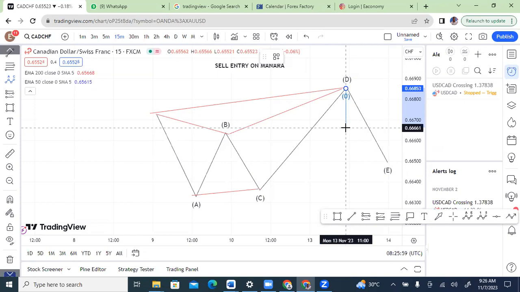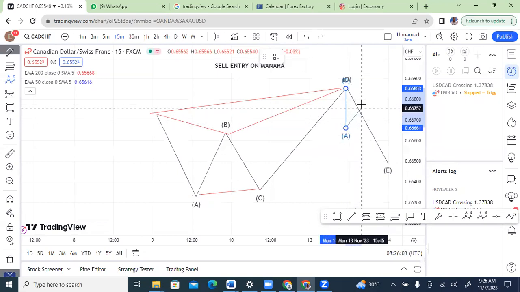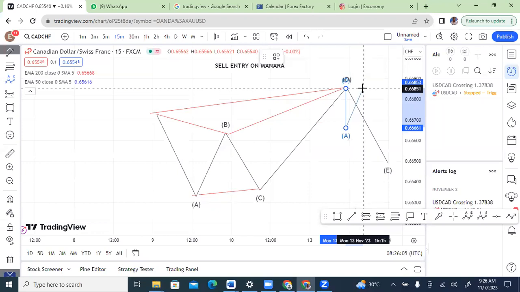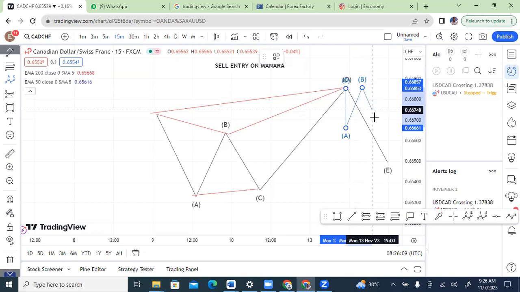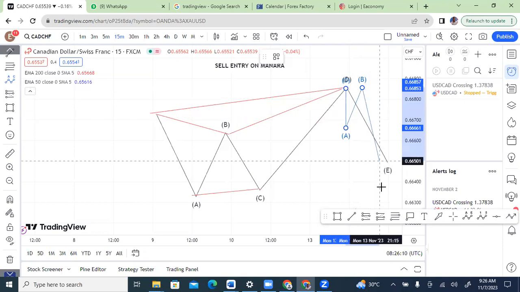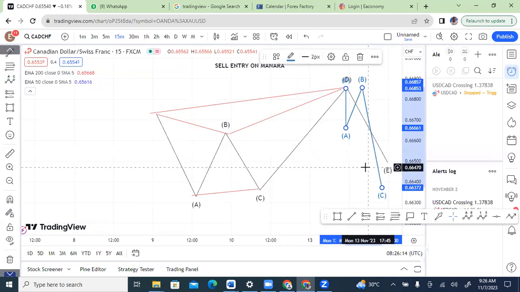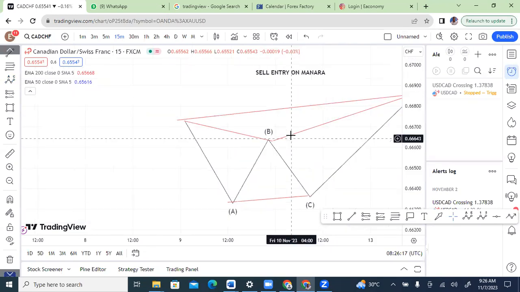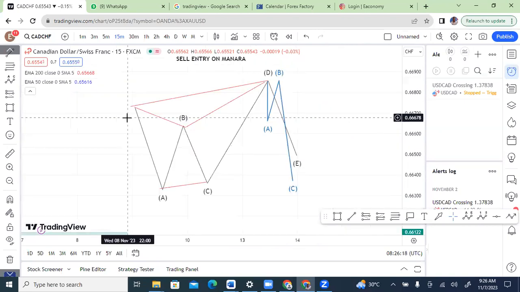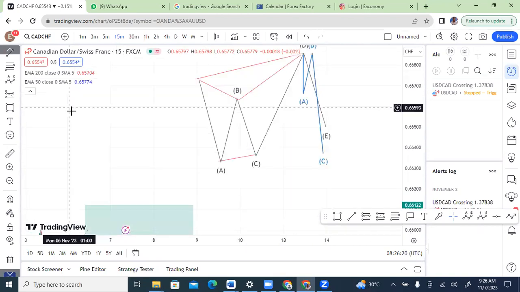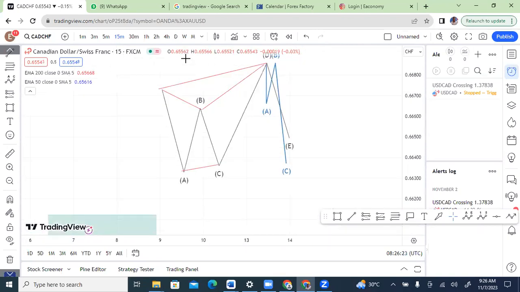When Manara gives you the entry for a sell, for instance, and it's dropping, you want to wait for a second leg, in the form of an M, before you take that trade.